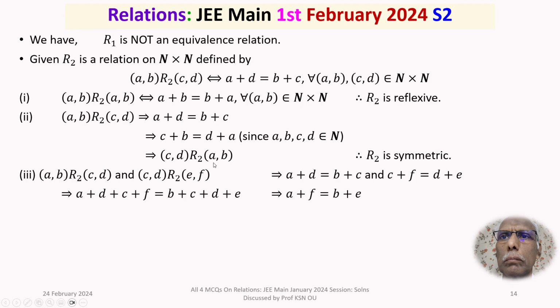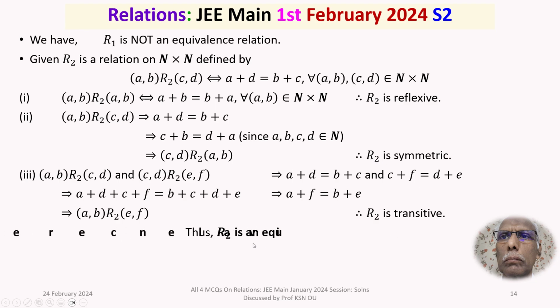A plus F is equal to B plus E. So A comma B is related to C comma D and C comma D is related to E comma F will imply A comma B is related to E comma F. Thus R2 is transitive. Thus R2 is reflexive, symmetric and transitive. Therefore R2 is an equivalence relation.